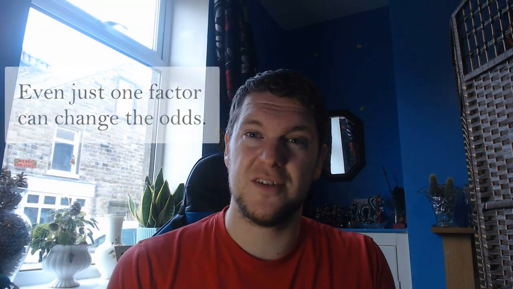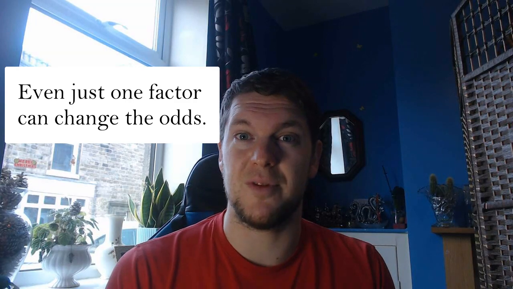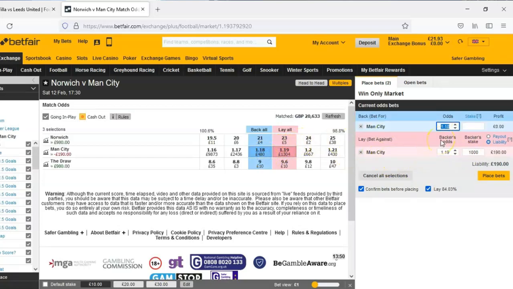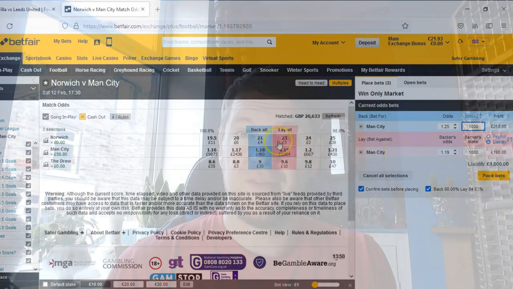So all of those factors are going to affect the odds for their game at the weekend. So they're playing Norwich this weekend, and I believe the odds are about 1.18, 1.19. So if those things were to happen, then you know that the odds on Man City are going to drift, as the likelihood of them winning without a load of key players is less than with them.